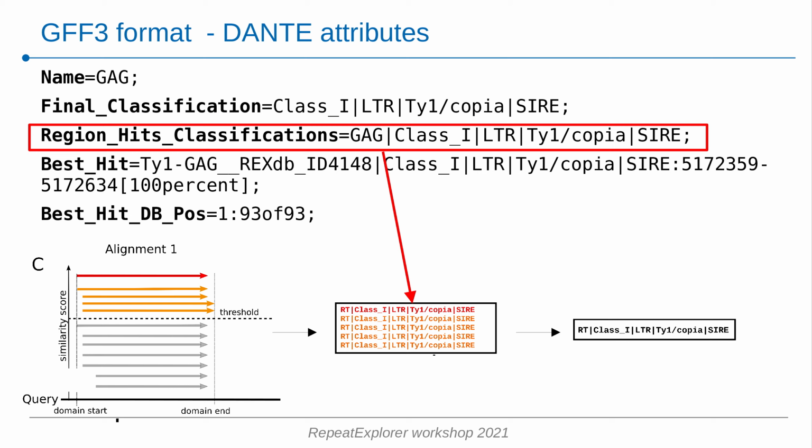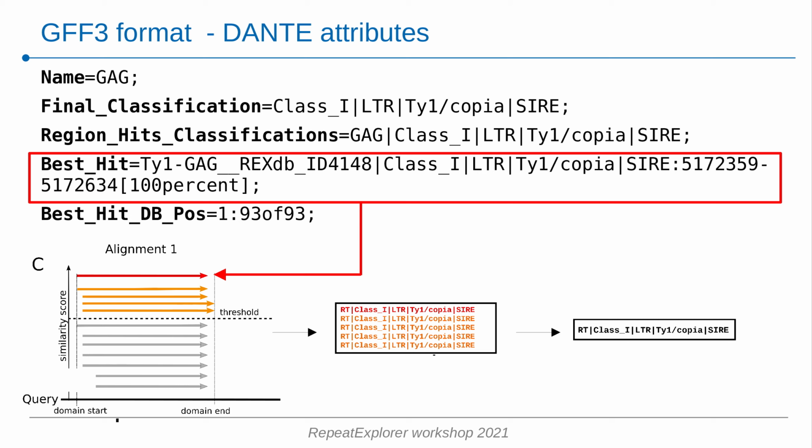The classification of all these hits is listed in the attribute named region hits classification, and note that this attribute can actually contain multiple values if hits to more than one repeat lineage were found.